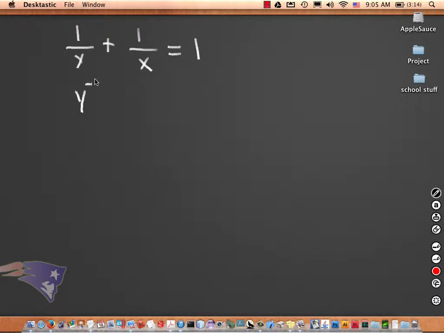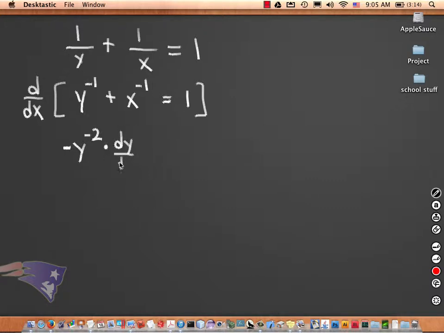So what I do is I rewrite this as y to the negative 1 plus x to the negative 1 equals 1. And now I take the derivative of this. Negative y to the power negative 2, dy dx by the chain rule, plus negative 1 x to the negative 2.